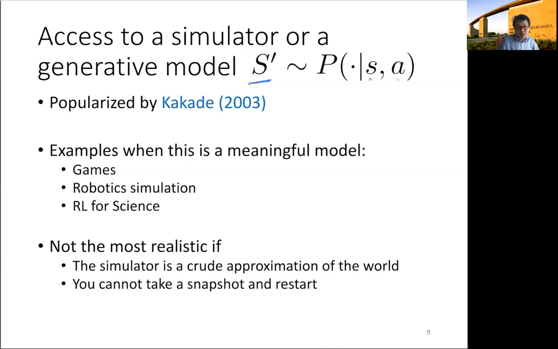And similarly, in robotic simulation, sometimes we have a good dynamical system model for the robots. We have all these ordinary differential equations to describe the torque that we apply to each joint and how the body parts of the robot are going to be moving. So sometimes doing this simulation is significantly less costly than actually running the robot in real life and risking breaking them.